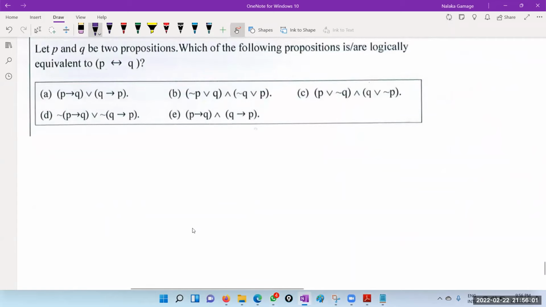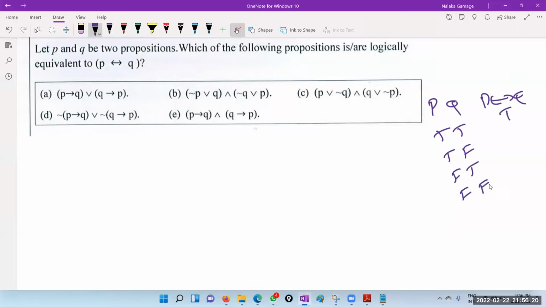Right. So P if and only if Q is basically, for P and Q: true, true gives true; true, false gives false; false, true gives false; false, false gives true. Only then we say if and only if.